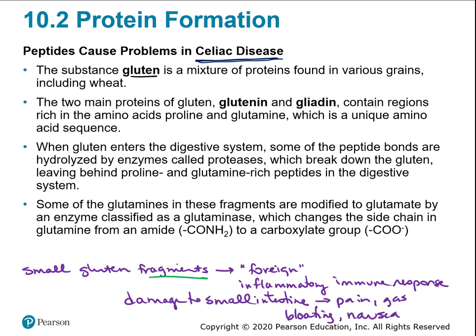Unfortunately, when these pieces get into your small intestine, you have immune cells that kind of monitor what's there and what gets absorbed. And you actually have an immune response to these gluten fragments that cause inflammation of the lining of the small intestine.